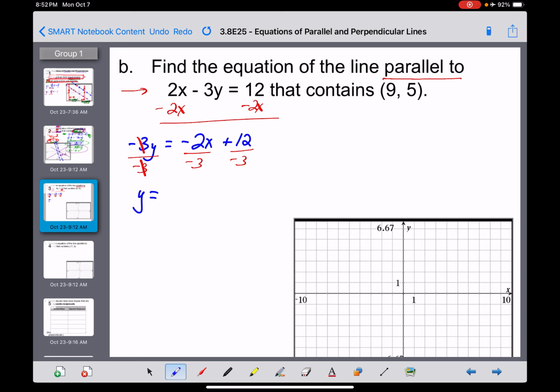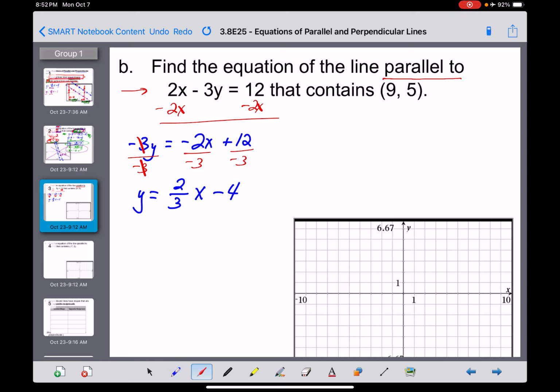Well, negative divided by negative is a positive, and what's 2 divided by 3? It's 2/3. The x tags along, and then we've got a minus 4 at the end of all that.